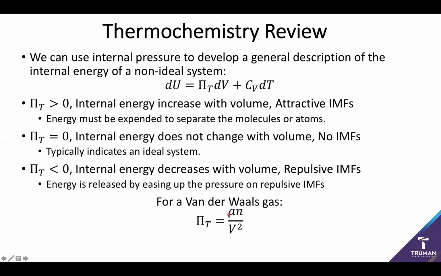So if I have attractive forces, A is positive, and so is the internal pressure. If I have repulsive forces, A is negative, and so is the internal pressure. So we see a lot of consistency between these models.